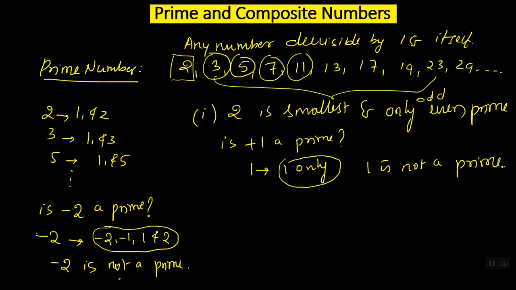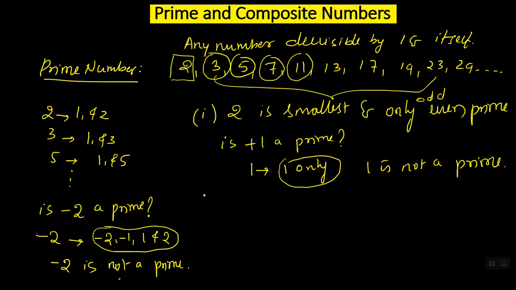If you multiply any number by positive 1, the number remains as it is. If you multiply or divide any number by negative 1, the number becomes negative. It just changes its sign. So it won't be another value, isn't it? That's why 1 is said to be a unique number. It's not a prime number. So remember, 1 and negative 1 are not prime numbers.